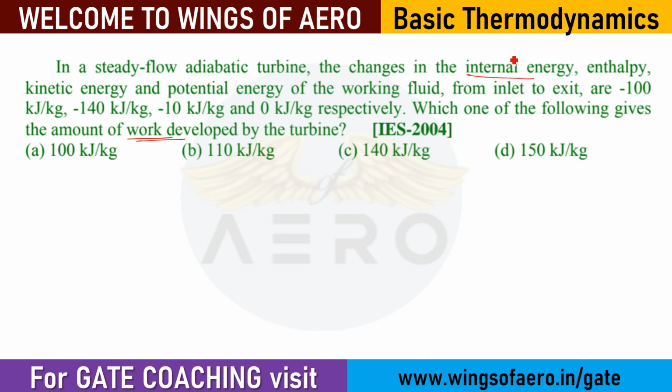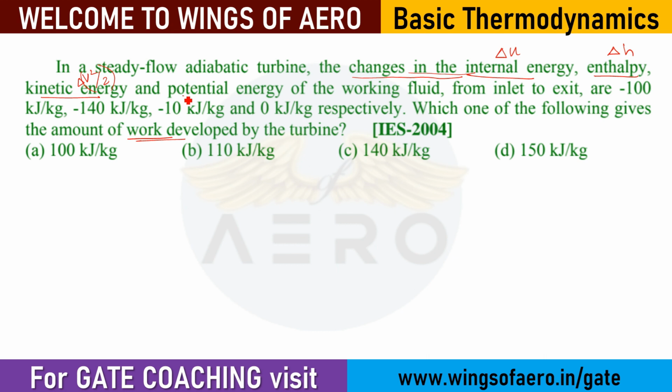Internal energy U. Note that the change in internal energy, del U, has been given. Then the change in enthalpy, del H, is given. Kinetic energy, so the change in V square by 2, that parameter is given.